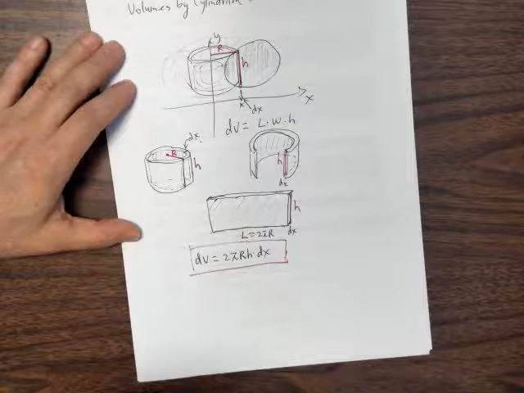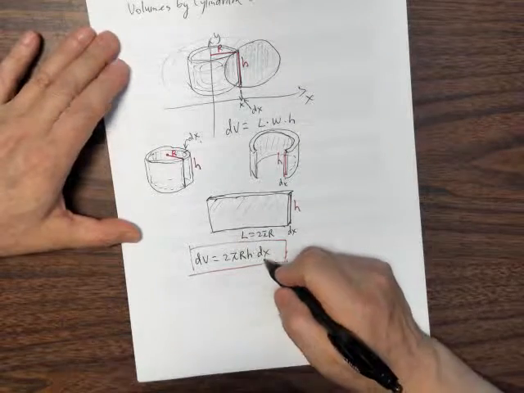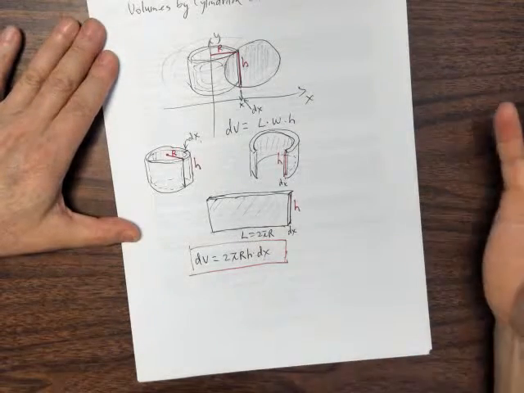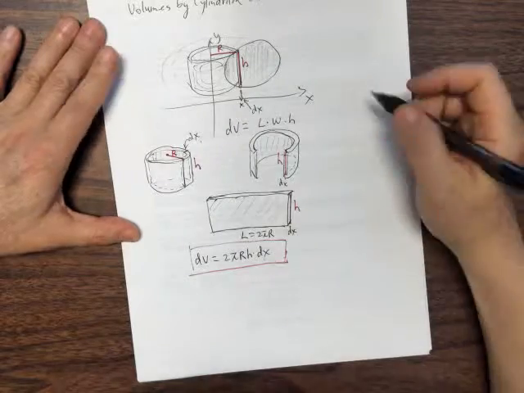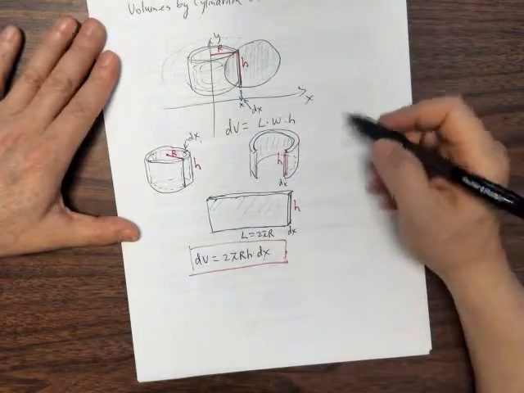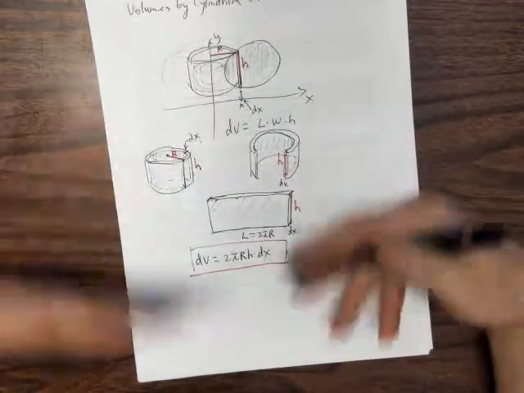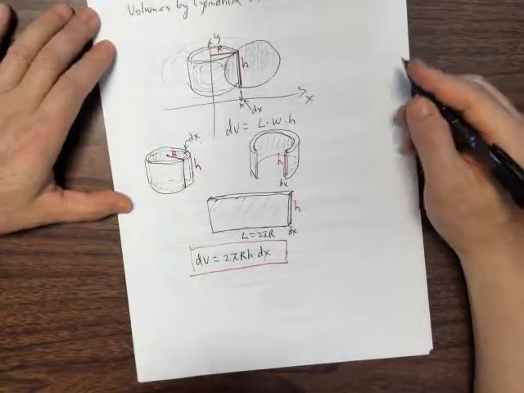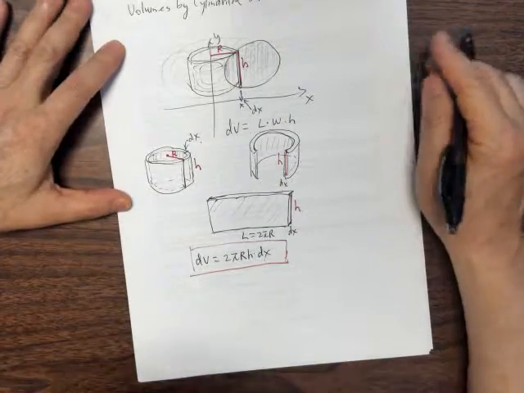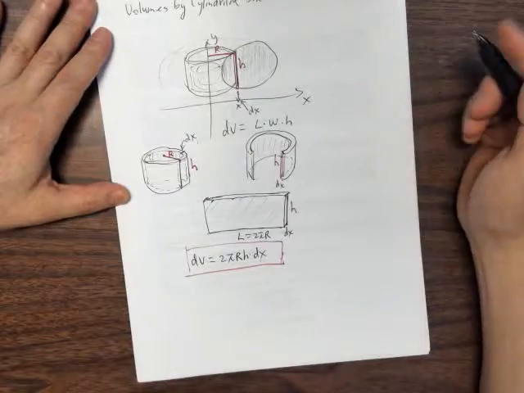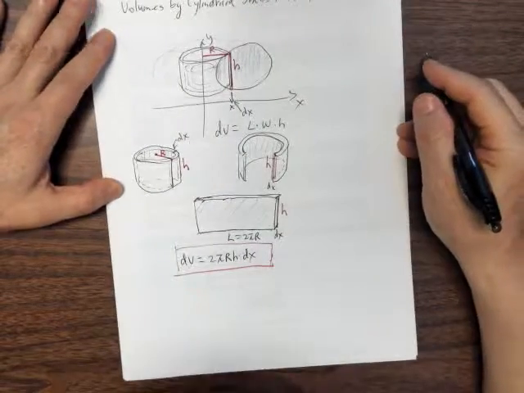In this formula, there's dx. In other situations, we will have dy if a horizontal strip is picked up to generate a cylindrical shell. So it depends on how the region is revolved.